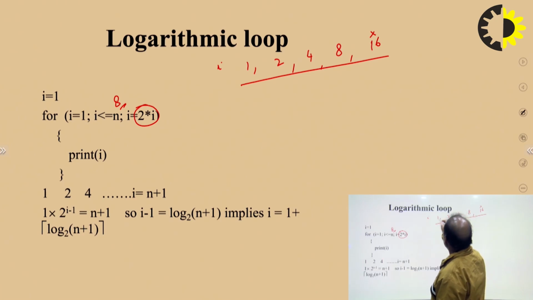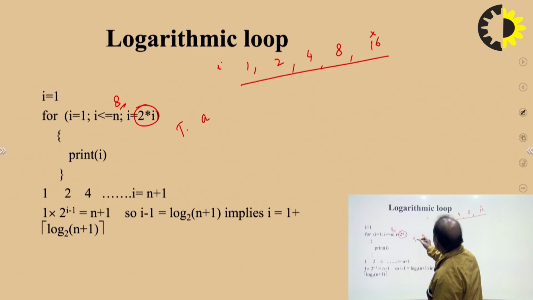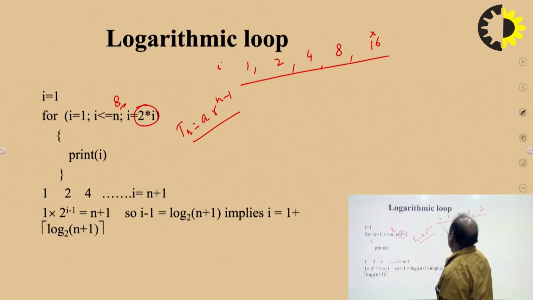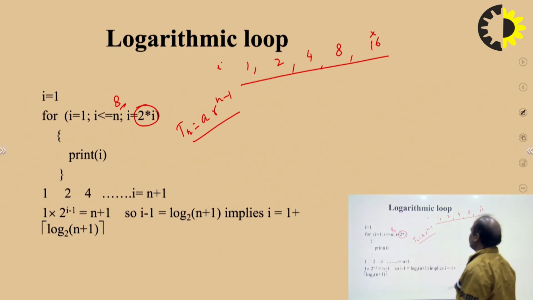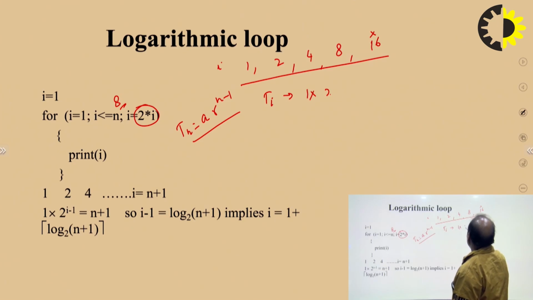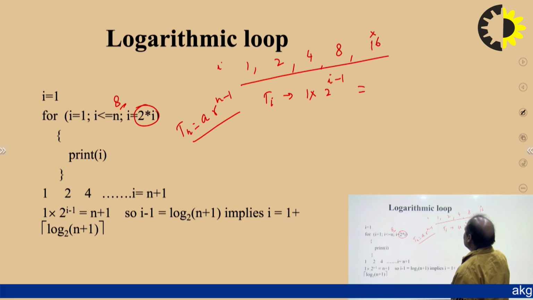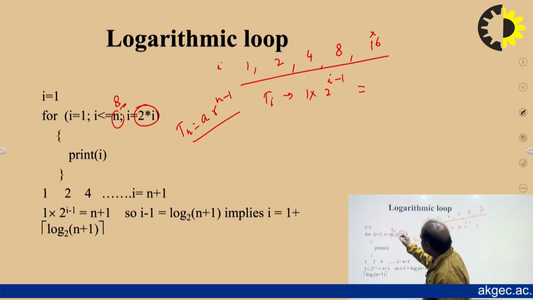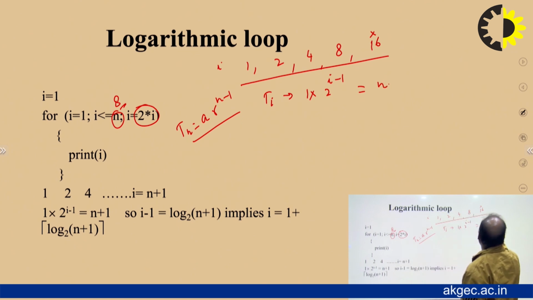It is a geometric progression, and we know that in a geometric progression, the nth term is a r to the power n minus 1, where r is the common ratio. So if we are interested in the ith term, a, the first one, is this, the common ratio is 2, and it is failing whenever it is equal to n plus 1.